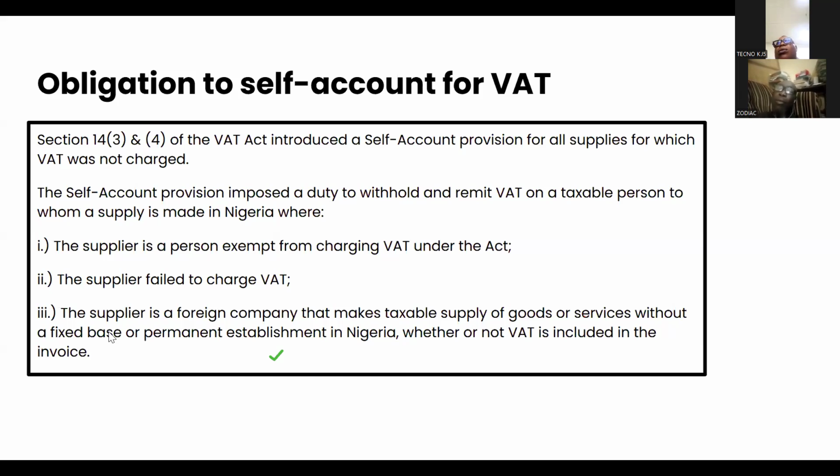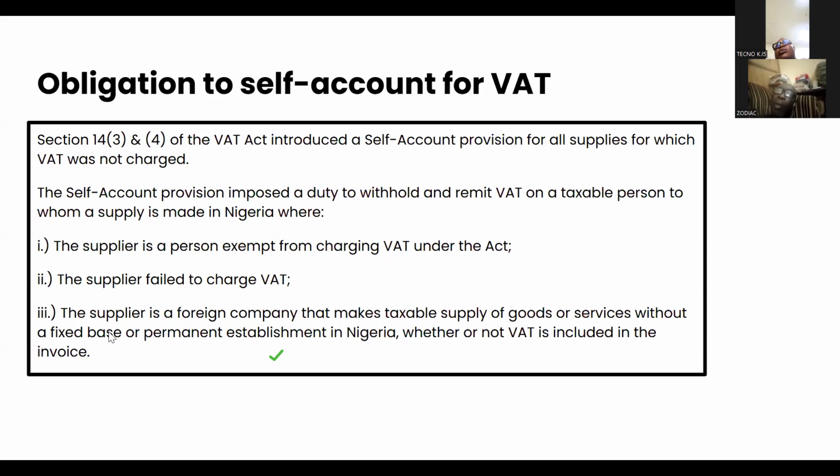The self-account provision imposed a duty to withhold and remit VAT on a taxable person to whom a supply is made in Nigeria, where 1, the supplier is a person exempt from charging VAT under the Act. 2, the supplier failed to charge VAT. 3, the supplier is a foreign company that makes taxable supply of goods or services without a fixed base or permanent establishment in Nigeria, whether or not VAT is included in the invoice.